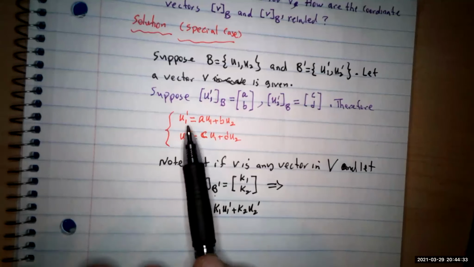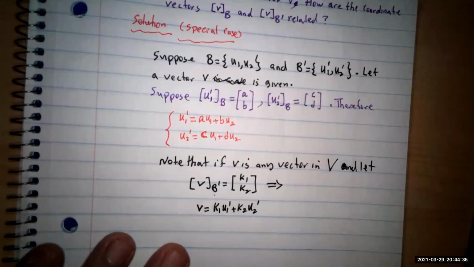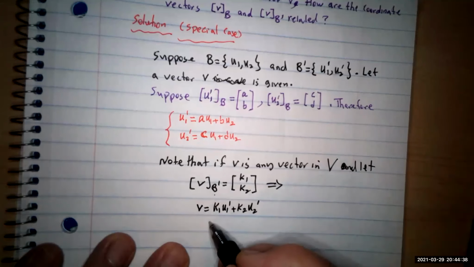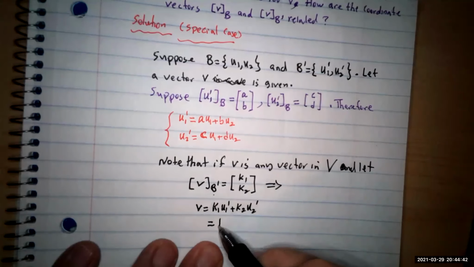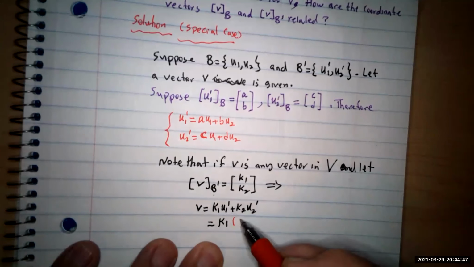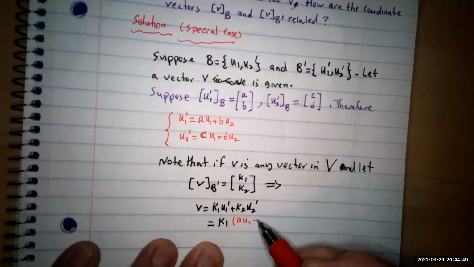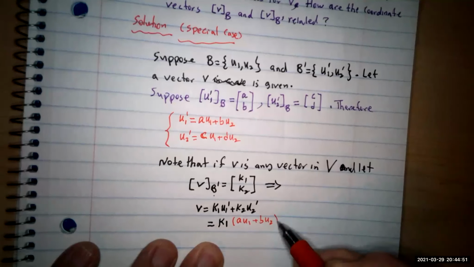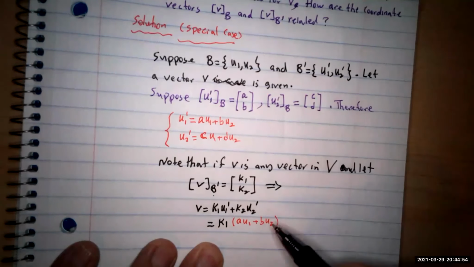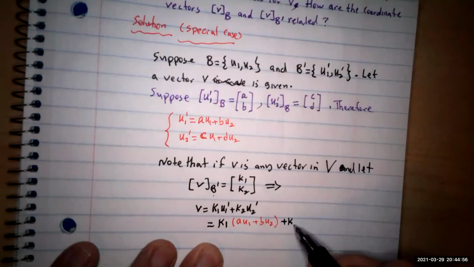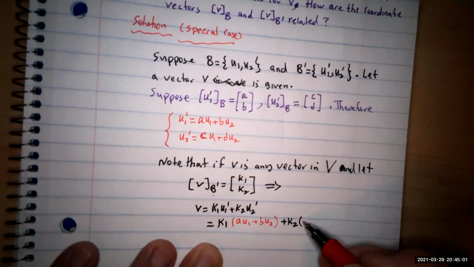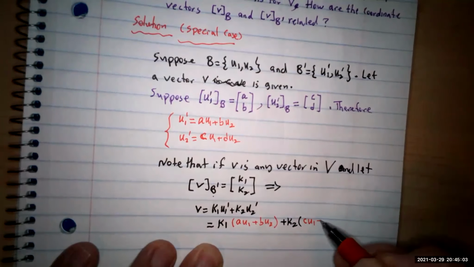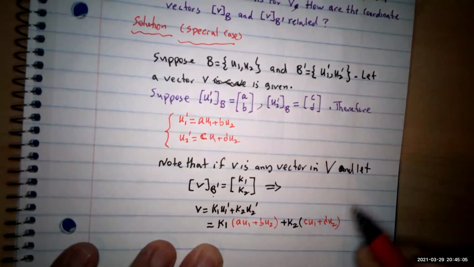Now bring the u1 and the u2 from here. I want to find k1 and k2, the formula for it. So it's going to be k1, substitute, a u1 plus b u2, plus k2 times, substitute, c u1 plus d u2.